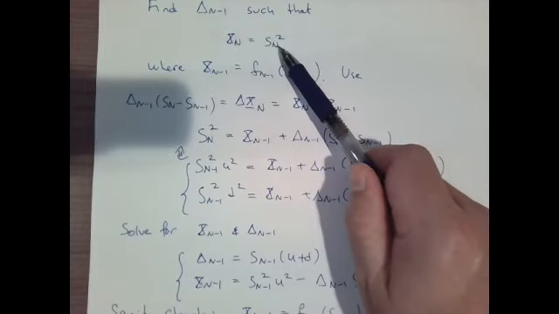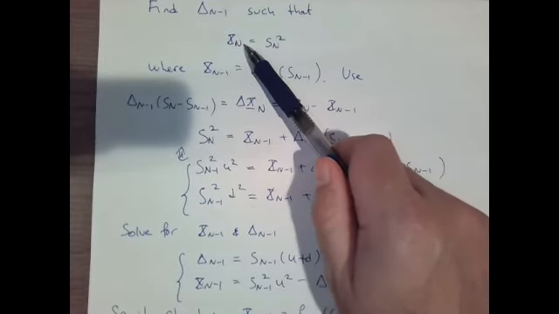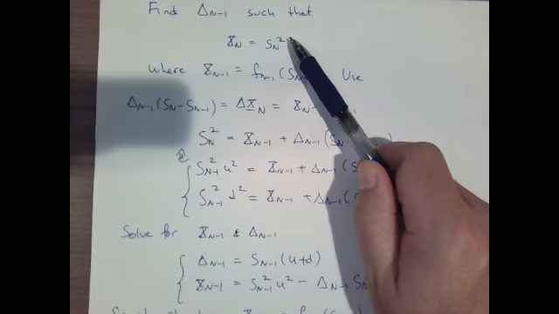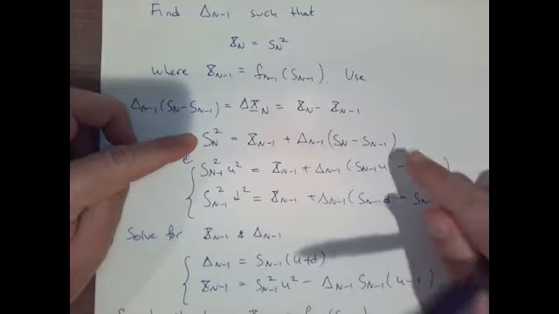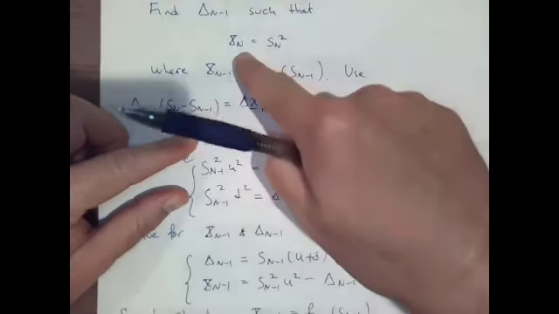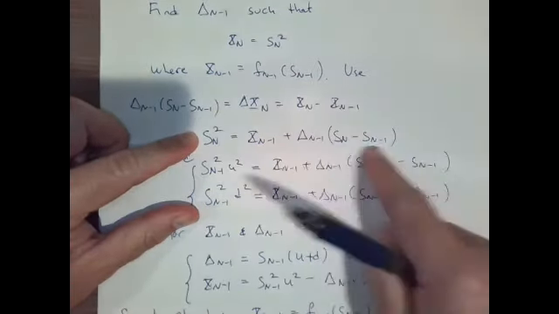Then you have to write out what it means for xn to be equal to Sn squared. Well, this is an equality between random variables. So that's what I've written out here, right? Xn is exactly xn minus 1 plus this delta times the price change.